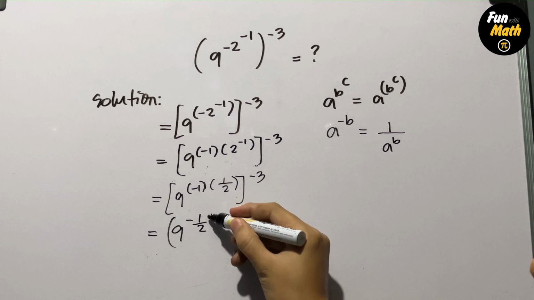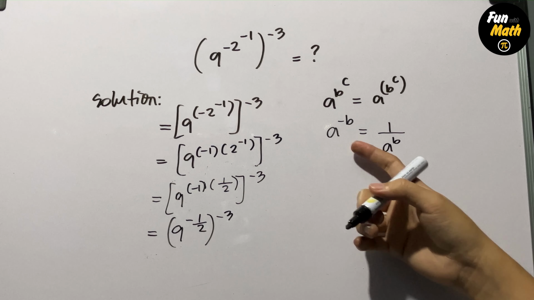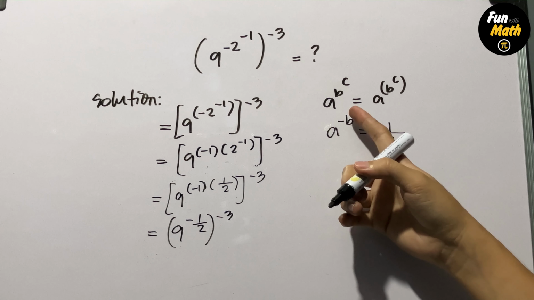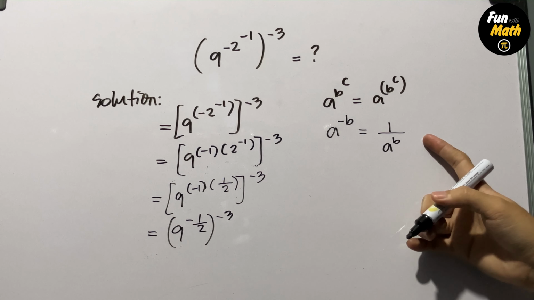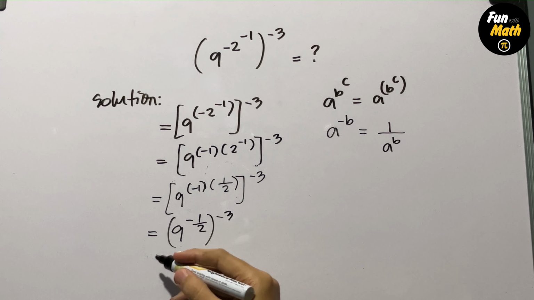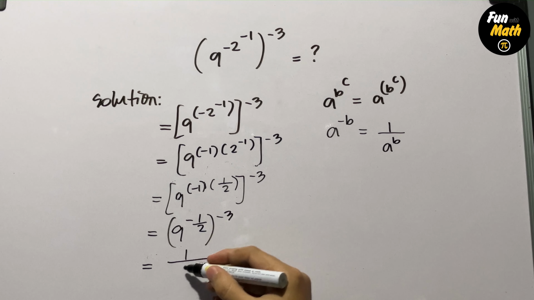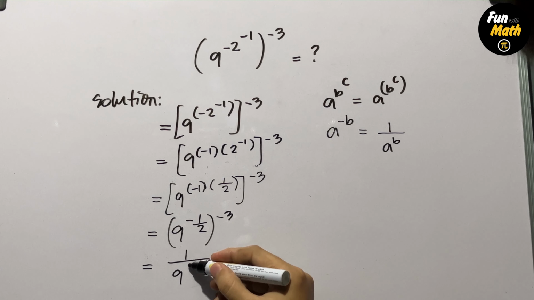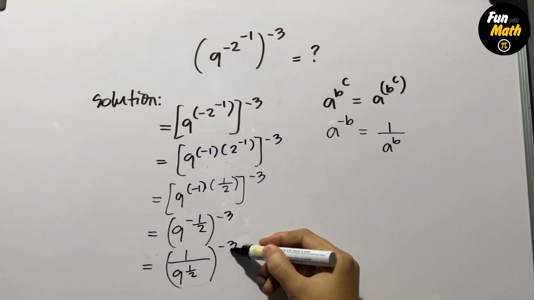Now for this 9 to the power of negative 1 half, let's apply again this rule. Again, a to the power of negative b equals 1 over a to the power of b. So for this, we can write it as equals 1 over 9 to the power of 1 half, whole to the power of negative 3.